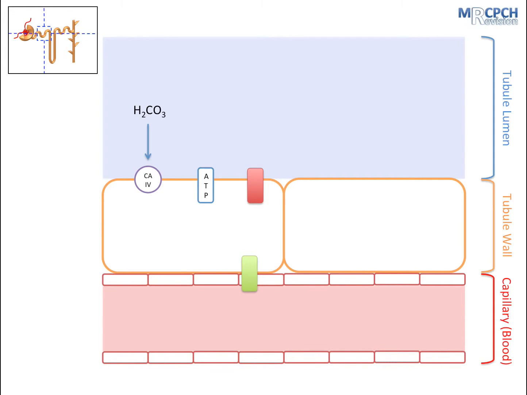And when carbonic acid comes into contact with this, it's split up into water and carbon dioxide. That then joins up with carbonic anhydrase 2 inside the cell and dissociates back into protons and bicarbonate.